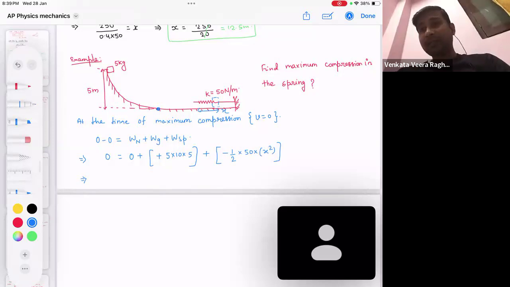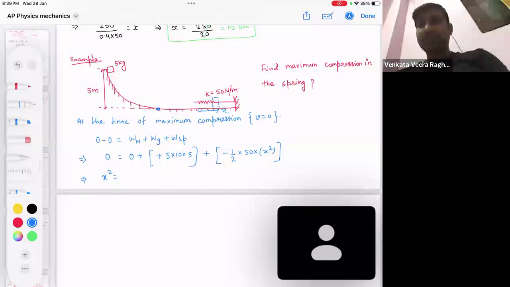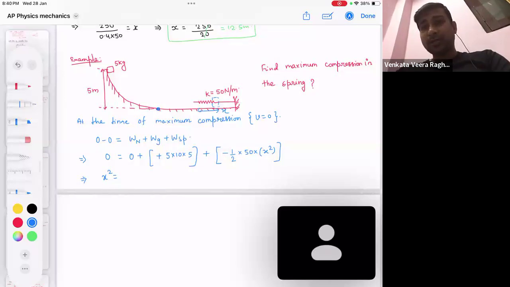Now simplify it. So we are getting x squared equal to 5 into 5, 25, into 10, 250, divided by 25, sorry, 50 by 2, 25. That is what we have.